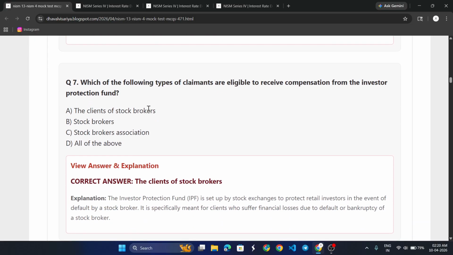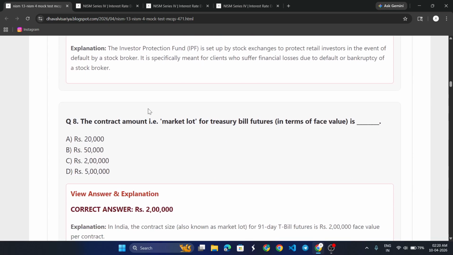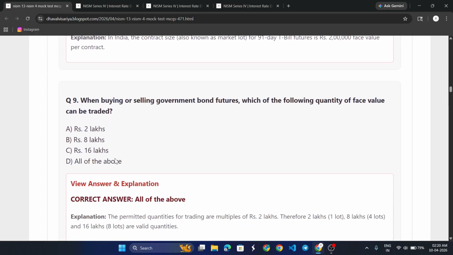Which of the following types of claimants are eligible to receive compensation from the investor protection fund? The clients of a stockbroker. The contract amount, the market lot for treasury, is always 2 lakhs, or a multiple of 2 lakhs. If you have seen previous mock tests, then you know this question is asked repeatedly.